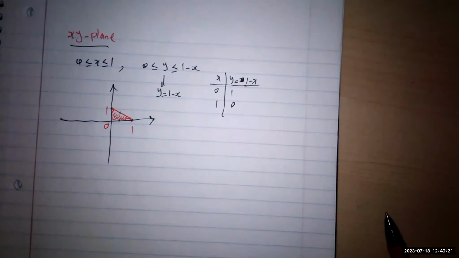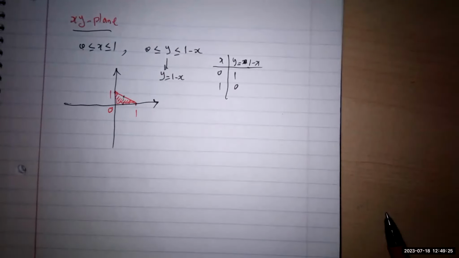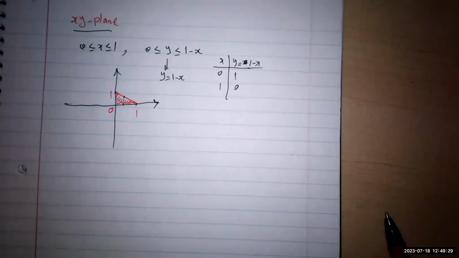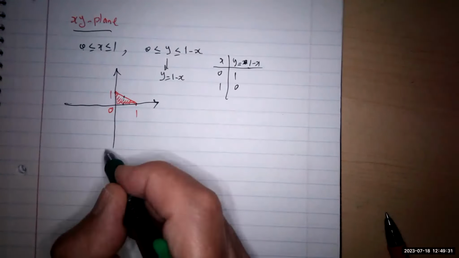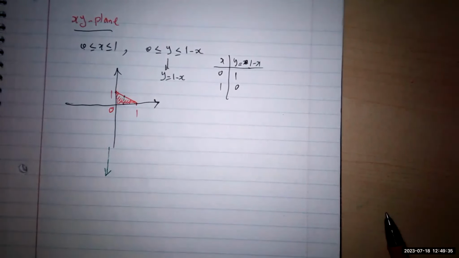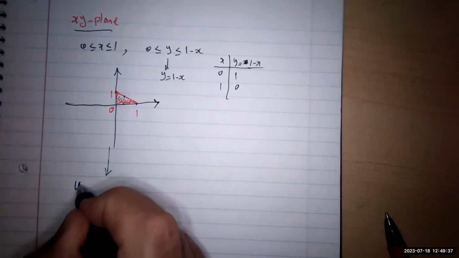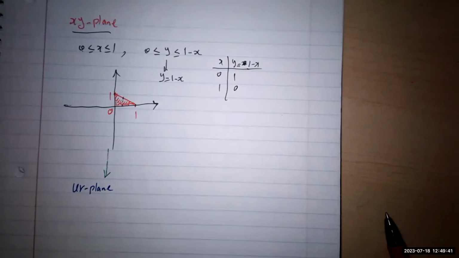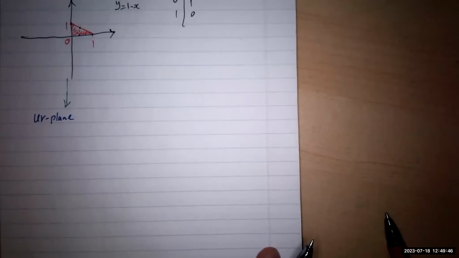Now, when you change it, you transform it into the UV plane instead of the XY plane. So what would happen to your region if you change it into the UV plane? Because you change the variables from X and Y to U and V, you should be able to find the restrictions.